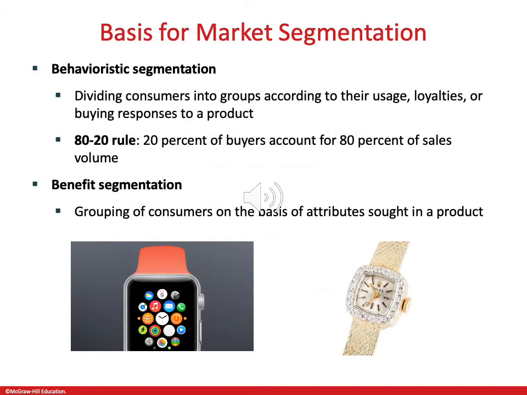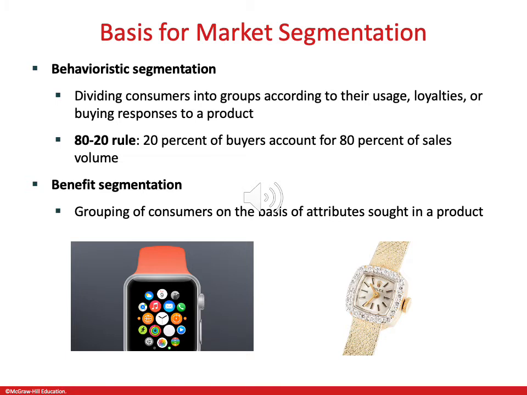So just a bit more on this idea of consumer behavior and using that to segment a population. Let's talk about behavioralistic segmentation. Again, this is about dividing consumers into groups according to their usage or their level of loyalty or their particular buying response to a product. And I'm sure you've heard the old 80-20 rule before.